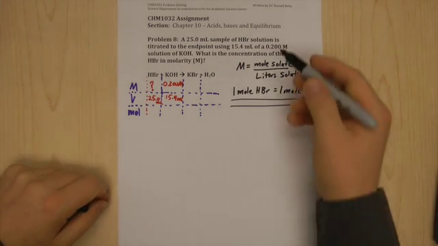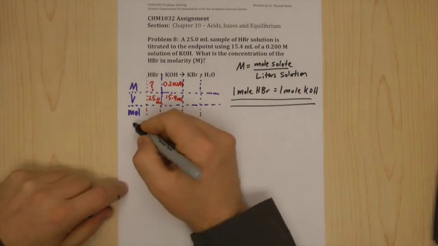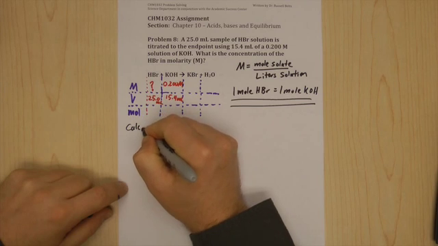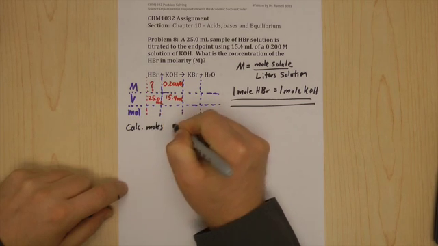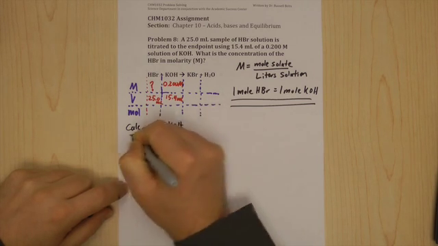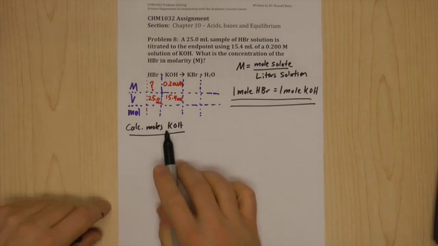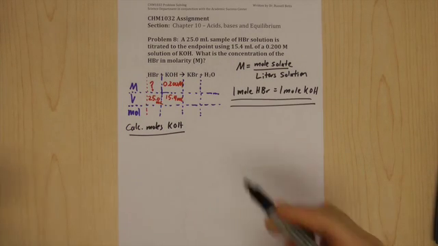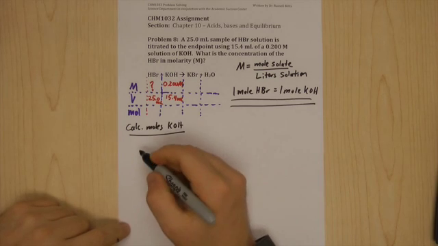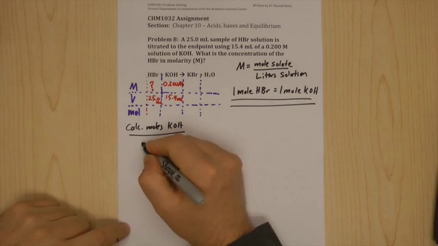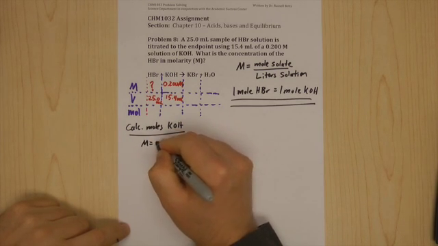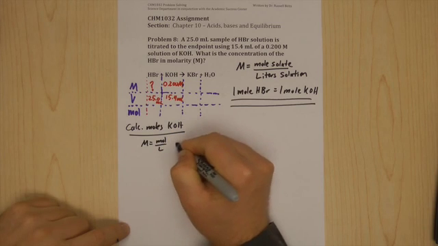All right, so let's calculate the moles of KOH. Because if we can figure out these moles, boy, we can figure out those moles right there. Excellent. All right, so we know molarity equals moles over liters.